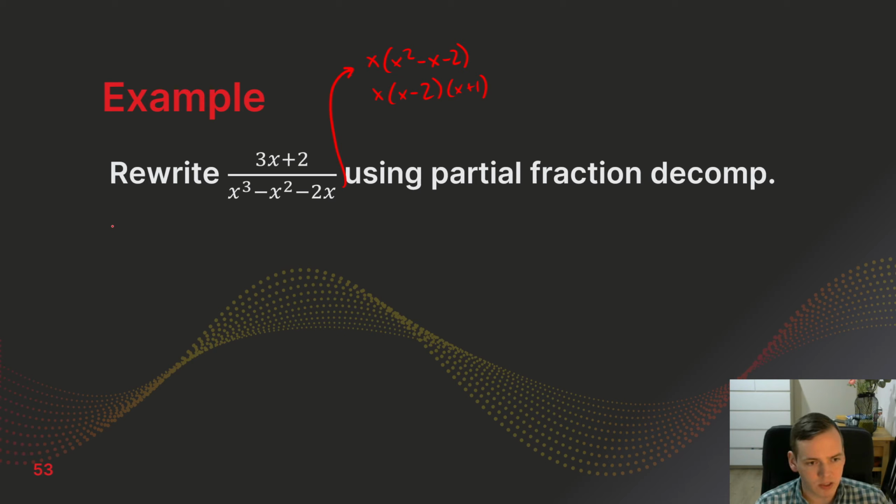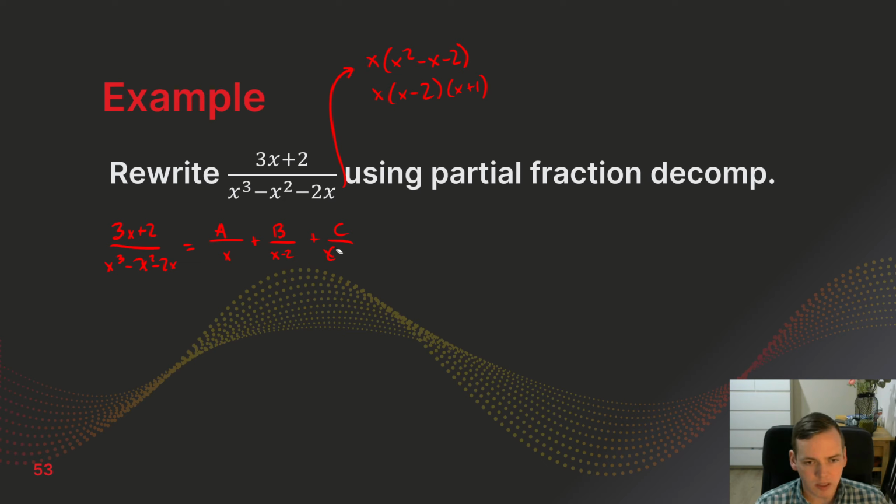with partial fraction decomposition is we write our original expression, and then we know that it will be able to decompose into something that looks like this. And this is just because of the properties of algebra in partial fraction decomposition.